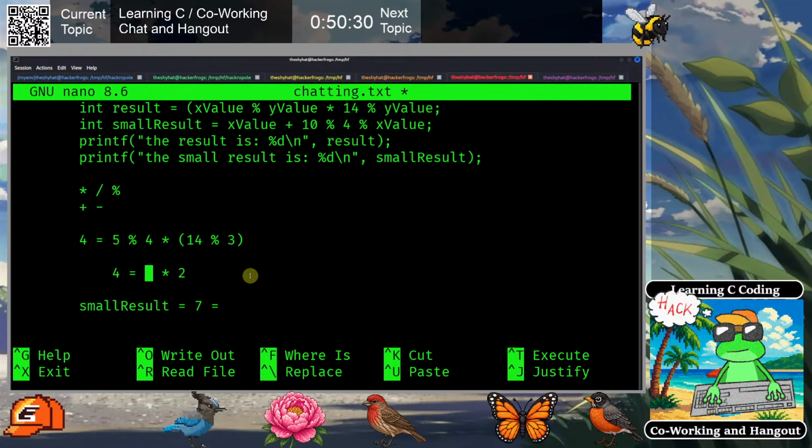We can't do 1 times 2. It has to be 4 times 2, 8, and 5 modulo 8.